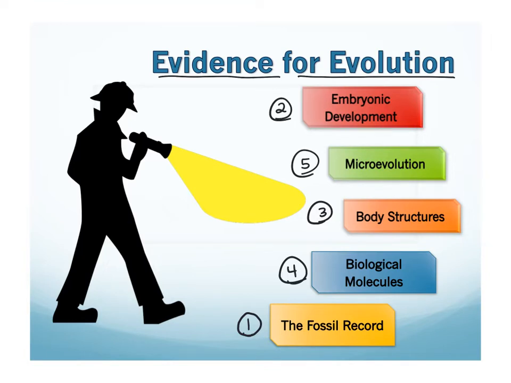We're going to discuss each of those as we go through, but first we'll start with a definition of microevolution. So just know that 1, 2, 3, and 4 all are key pieces that help prove Darwin's theory of evolution, and microevolution explains what's going on in a population in a short amount of time.